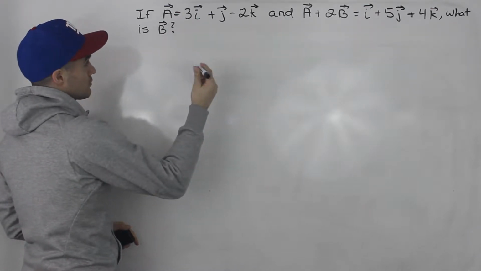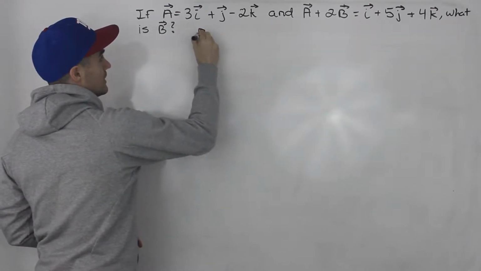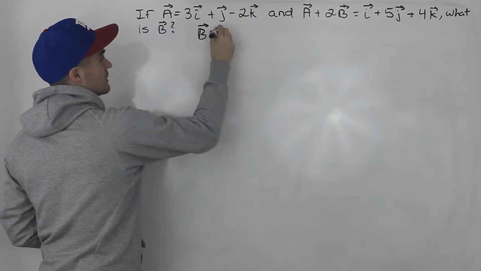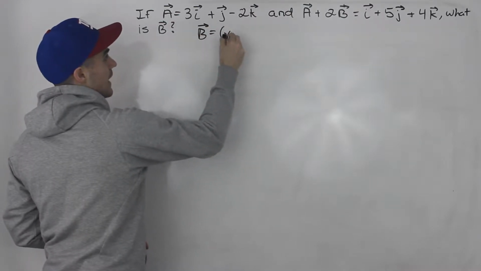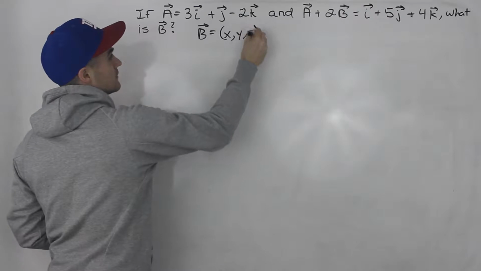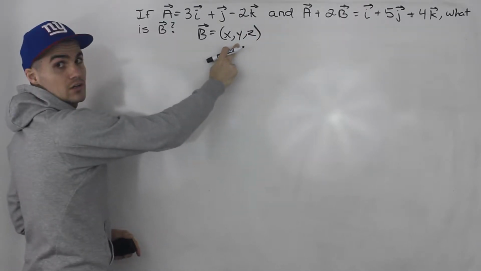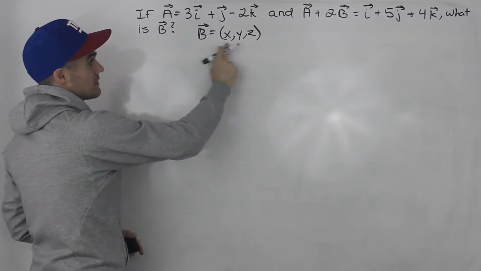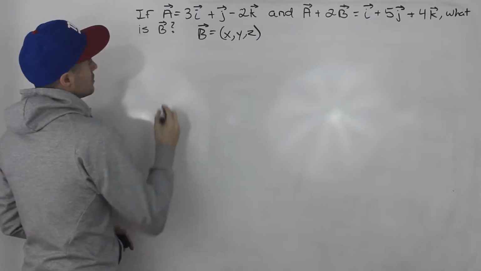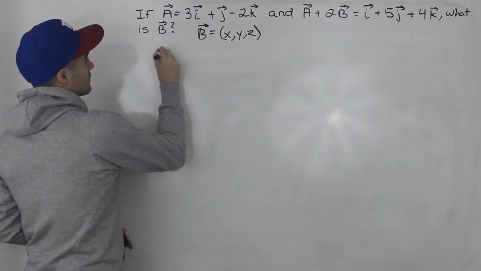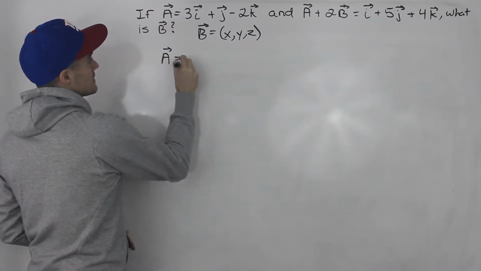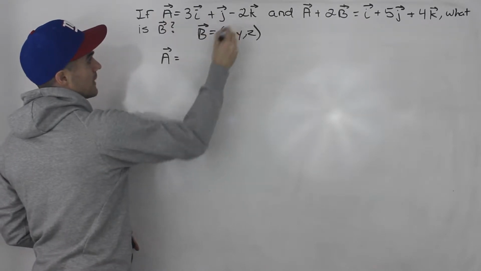We're dealing with 3D. So let's say that vector B is just equal to simply x, y, and z. That's what our final answer is going to have to be in this format. So we're told that vector A is equal to 3i plus j minus 2k.